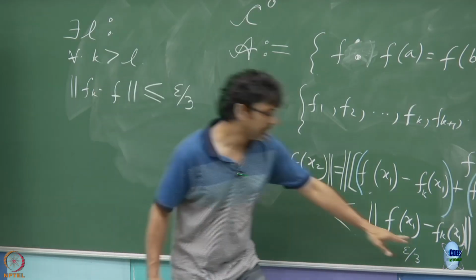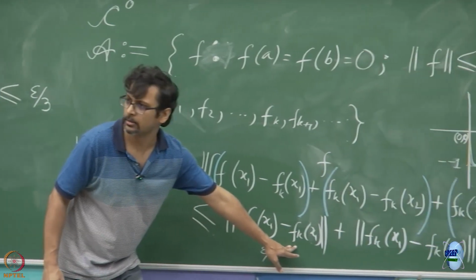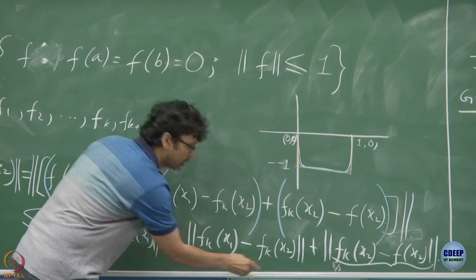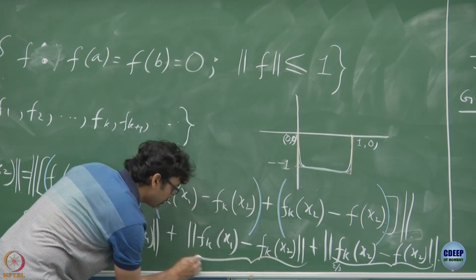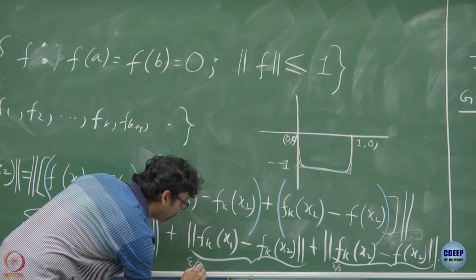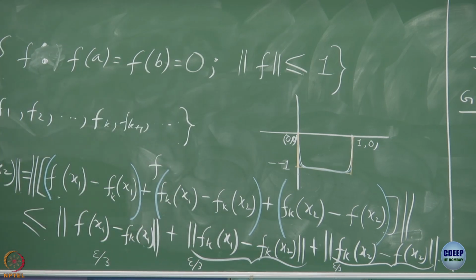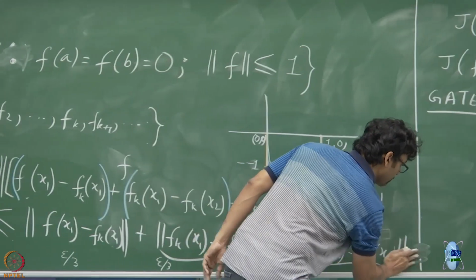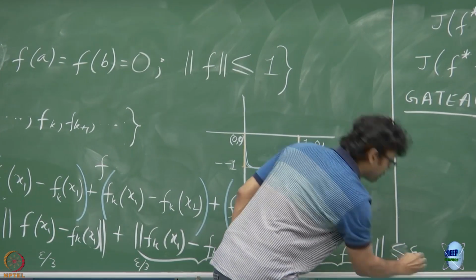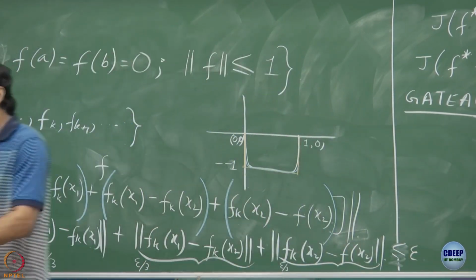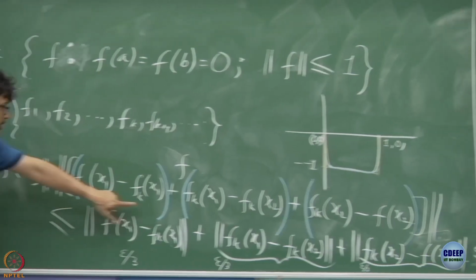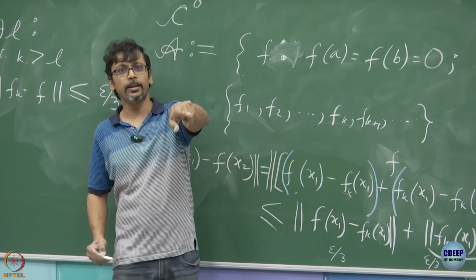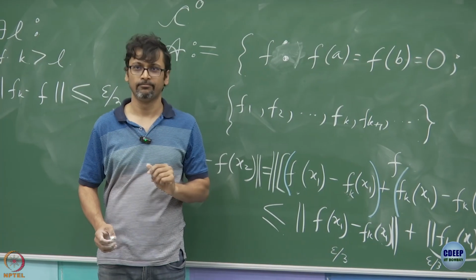So this is smaller than epsilon by 3 because of the property of the sequence, as is this, and this is going to be smaller than epsilon by 3 by dint of the continuity of fk. So the total sum is smaller than or equal to epsilon, and the delta that I have chosen is the one that satisfies the delta property for fk, subject to the epsilon being modified as epsilon by 3.